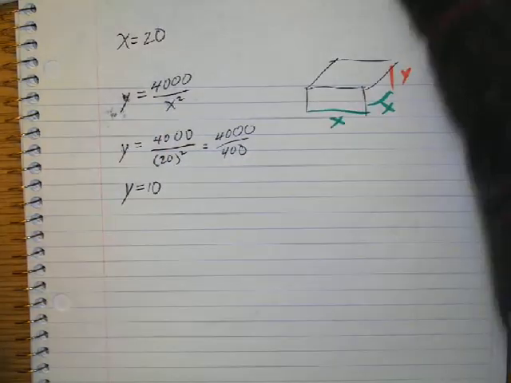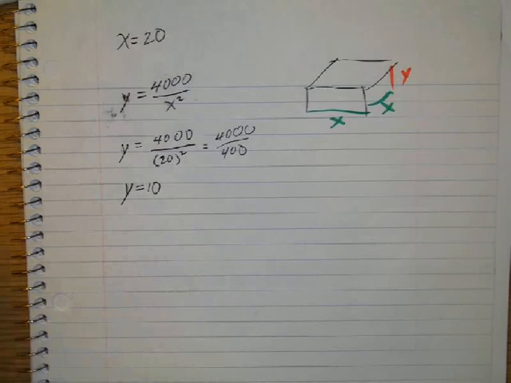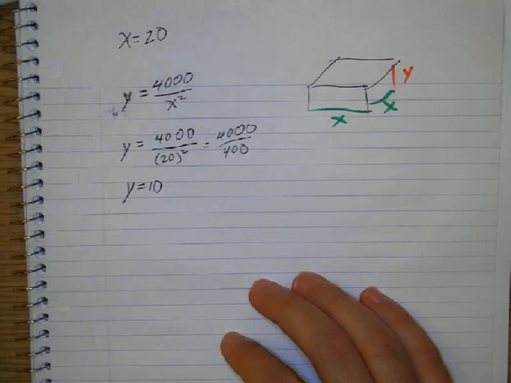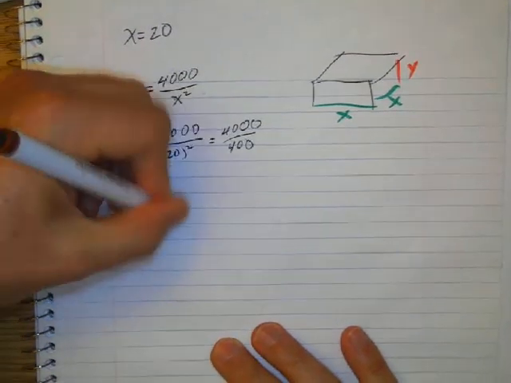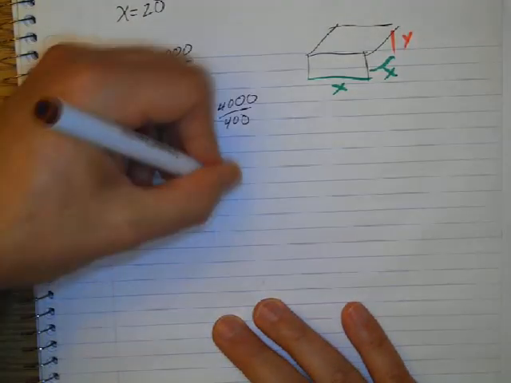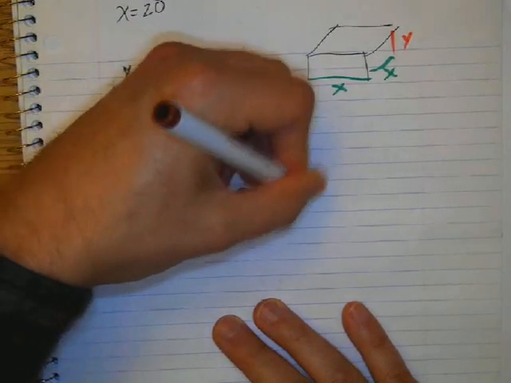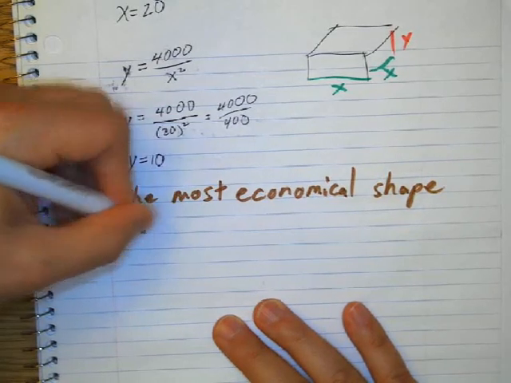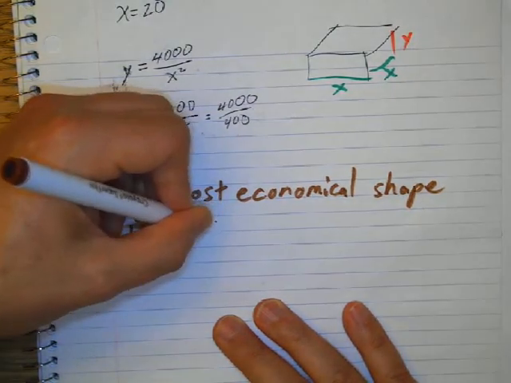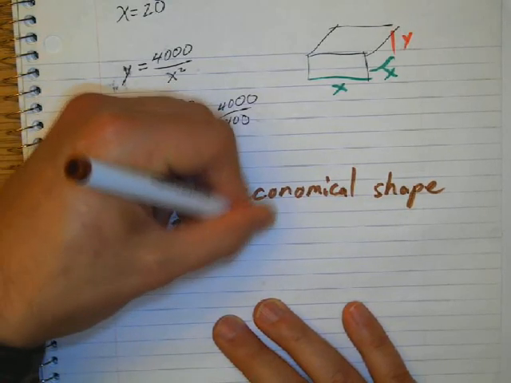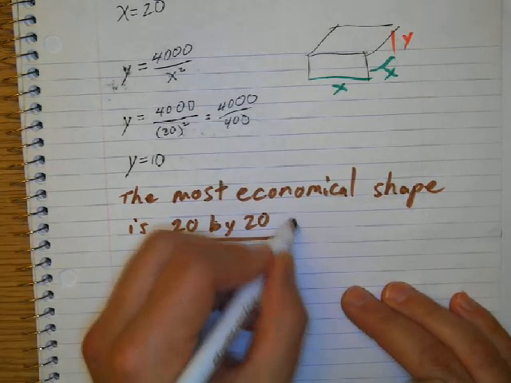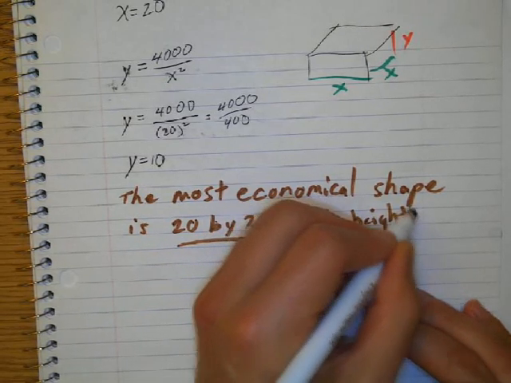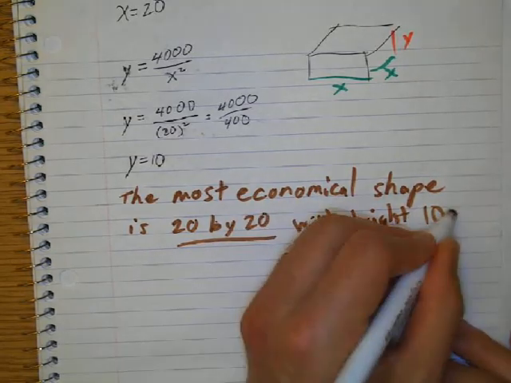So the most economical shape of the box is 20 by 20 with height 10 centimeters.